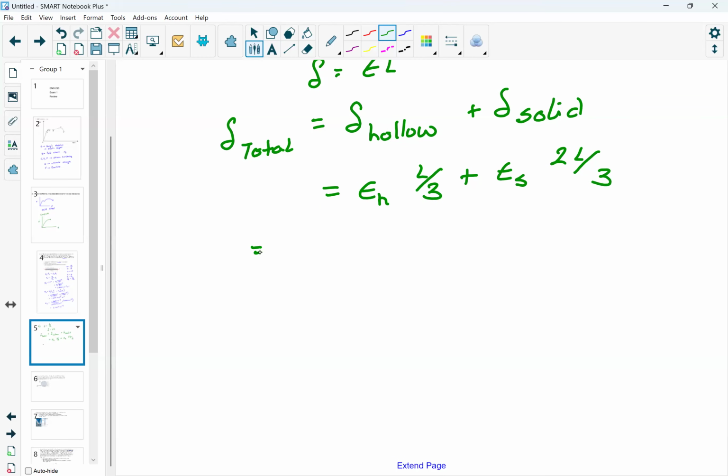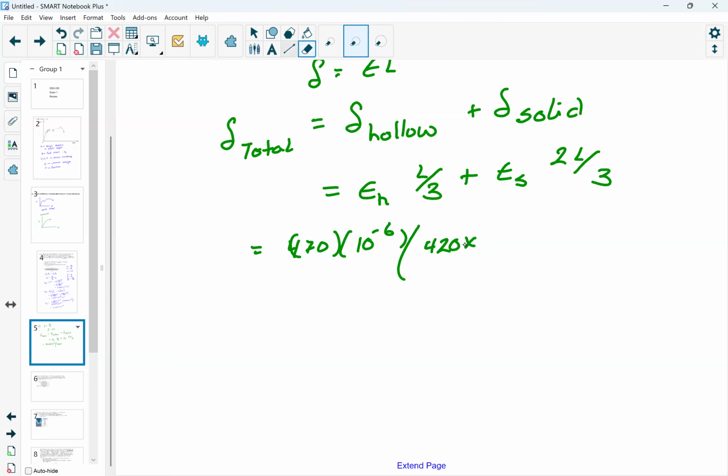All right, so our epsilon of the hollow part is 470 times 10 to the negative 6. We're going to have to turn that L into meters. The L was given to us, so that's going to be 420 times 10 to the... oh, your author left it in terms of millimeters.